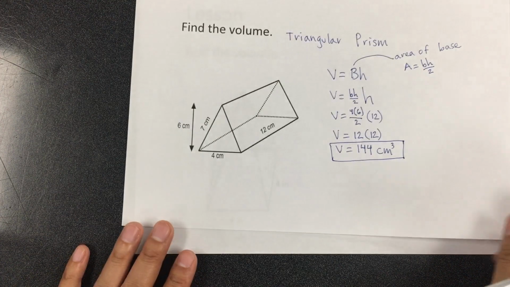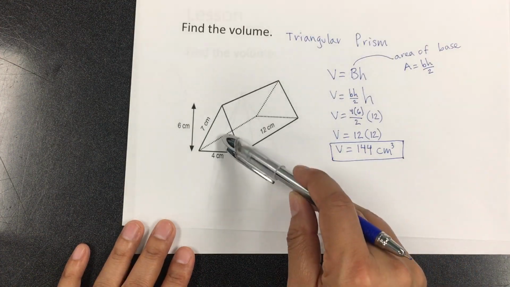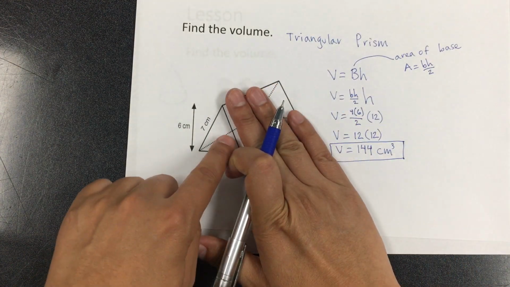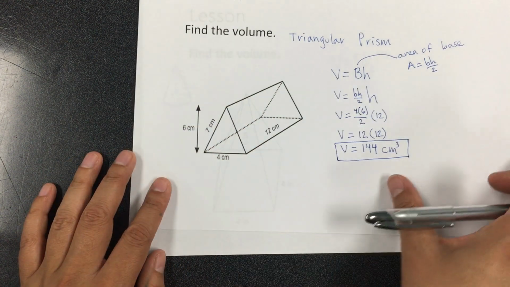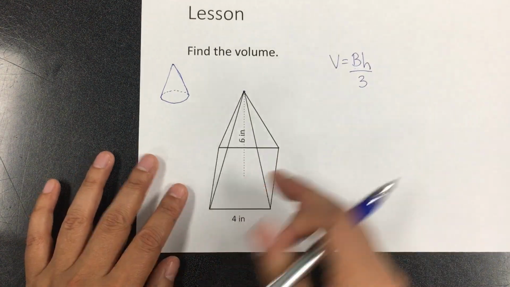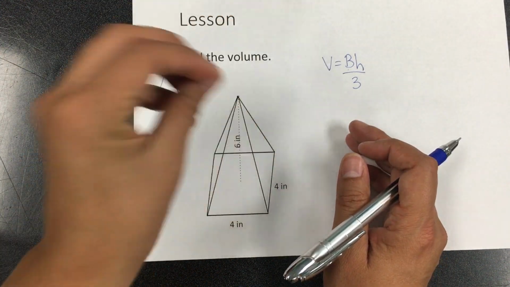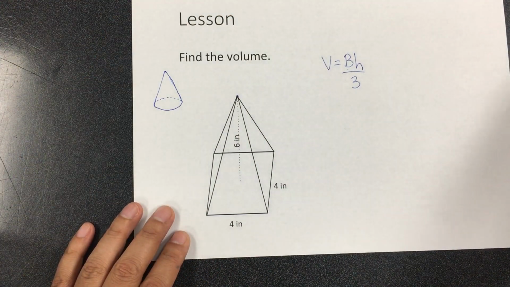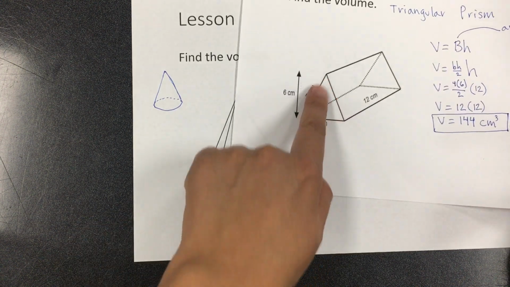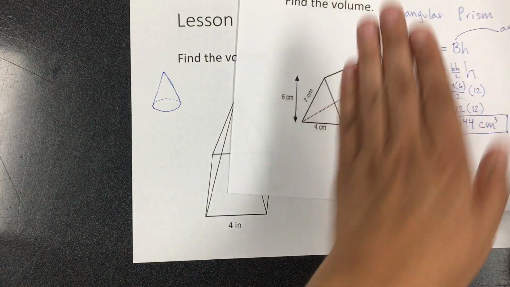Somebody got confused in class and said, but how come you divided by 2 in here? Because we were talking about the area of a triangle, not a volume, what goes inside, the space inside of this 3-dimensional figure, but rather the area of a flat shape, just a triangle.